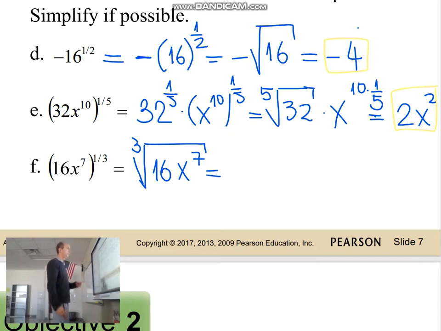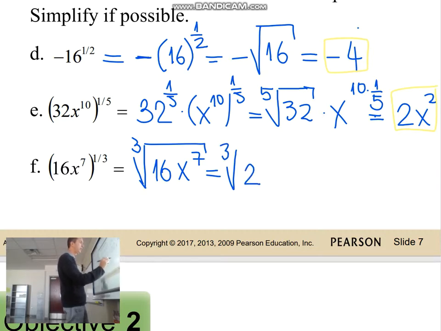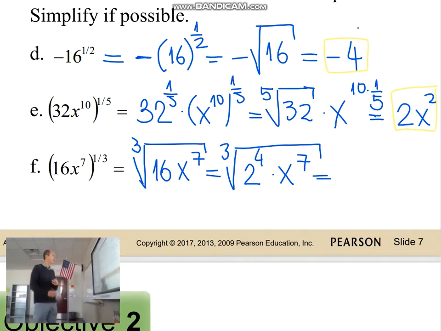In this cube root we can break down 16x exponent 7 as 16 is 2 exponent 4 times x exponent 7, right?